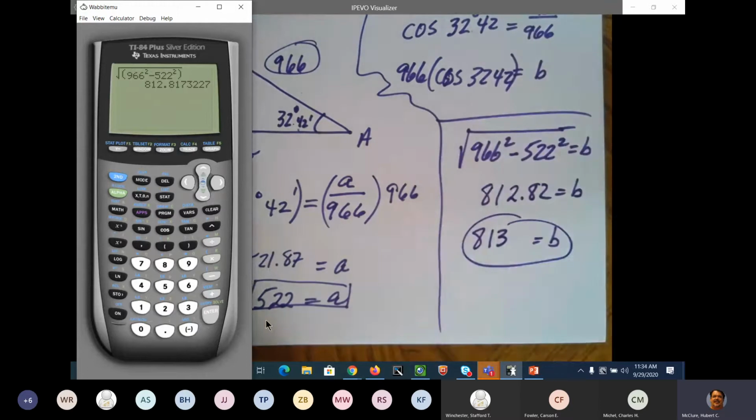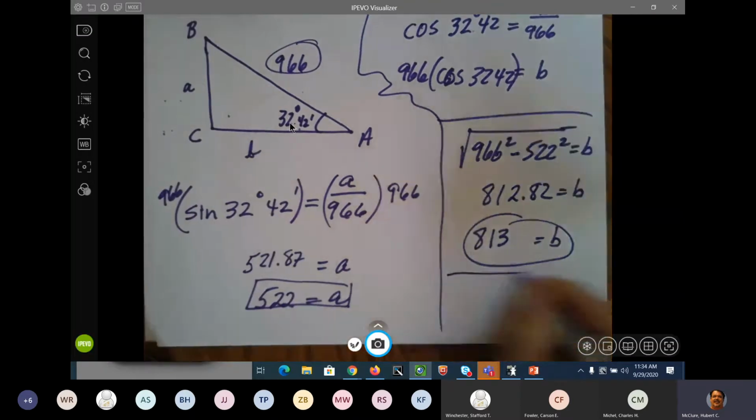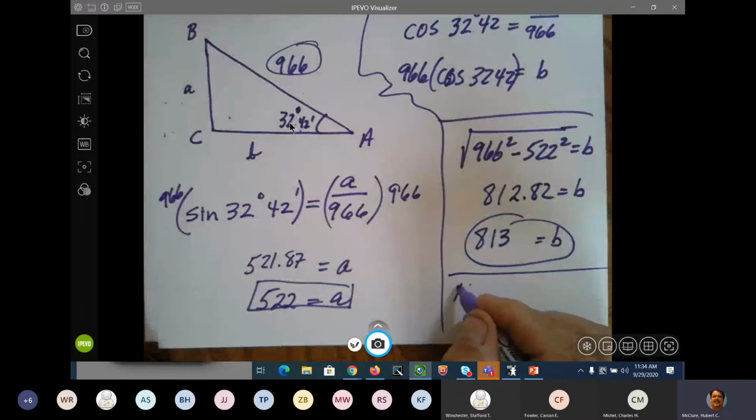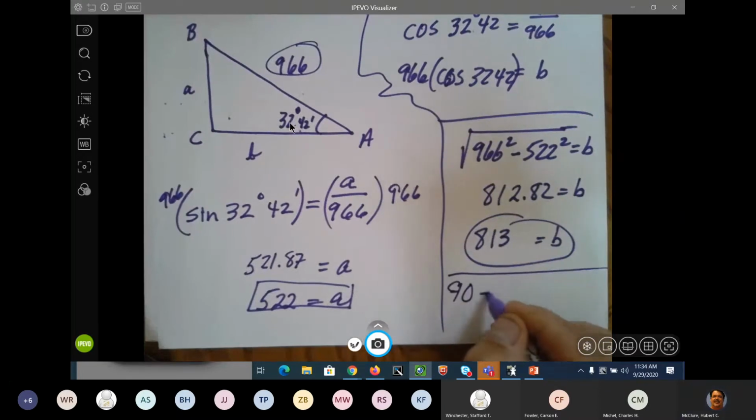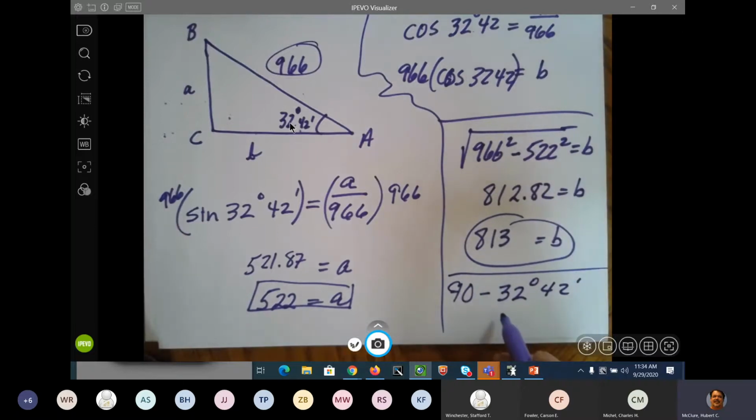And you can find the angle B by subtracting: 90 minus 32°42'. And that's going to be what? 57°18'.